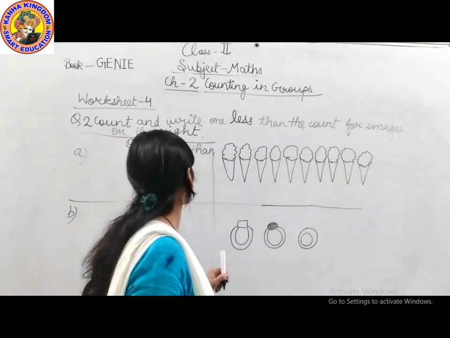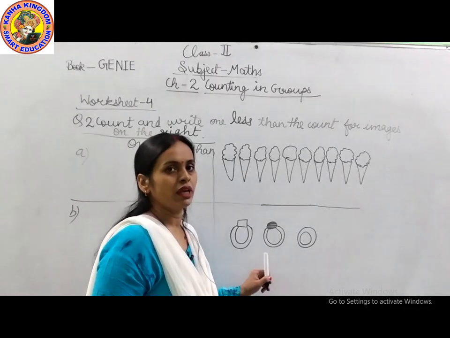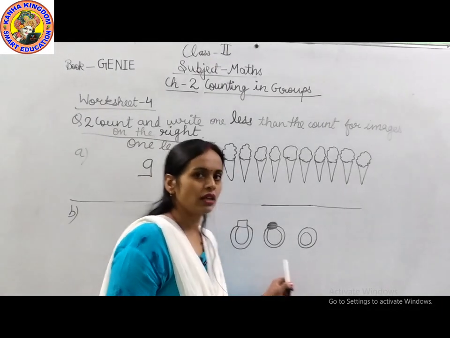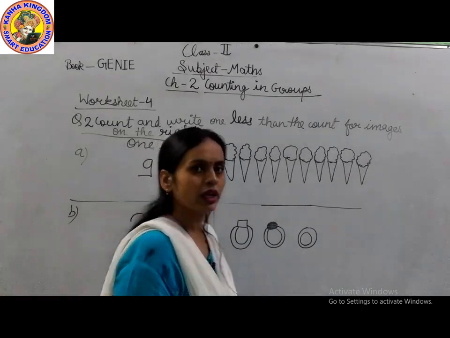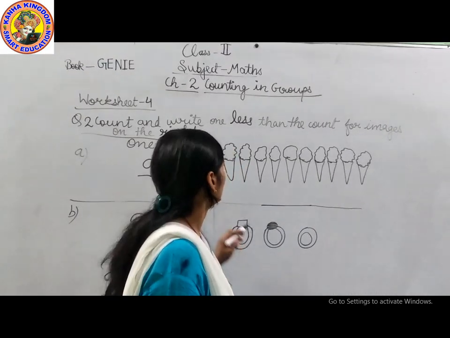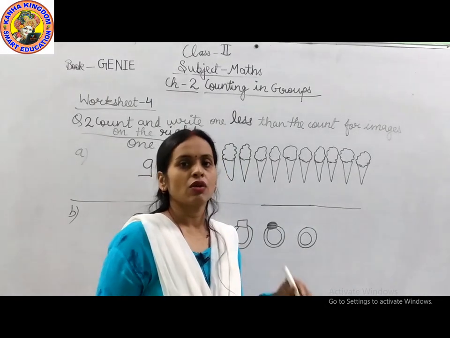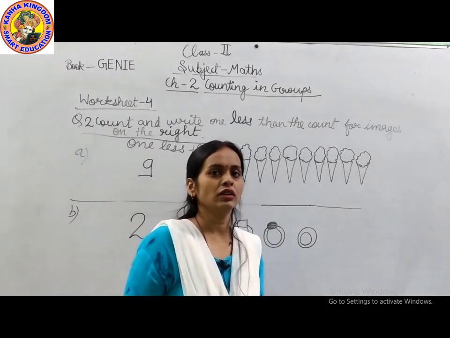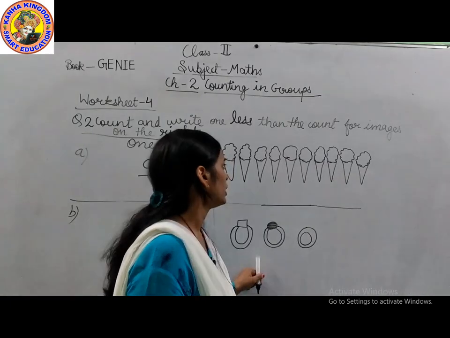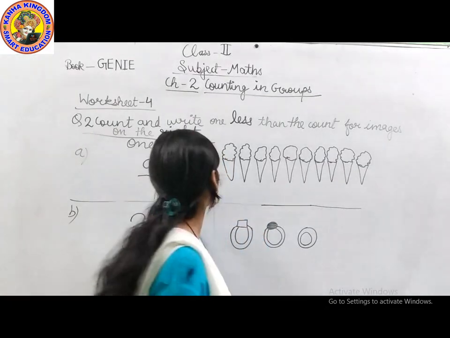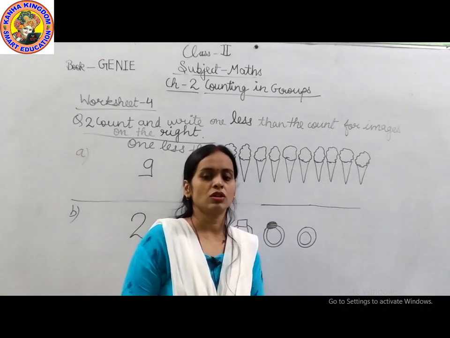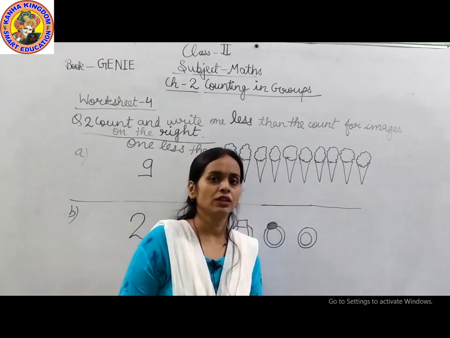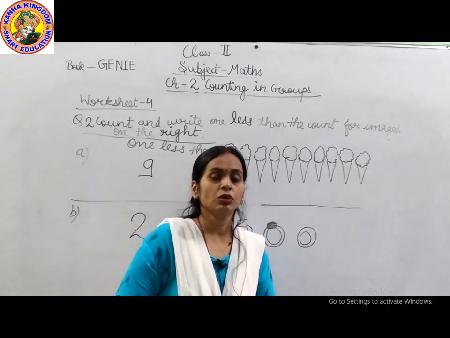So we have to write 1 less than 3, means 3 minus 1, 2. Okay. So our answer is 9 and 2. Okay. Rest all the questions of worksheet 4, do at home.